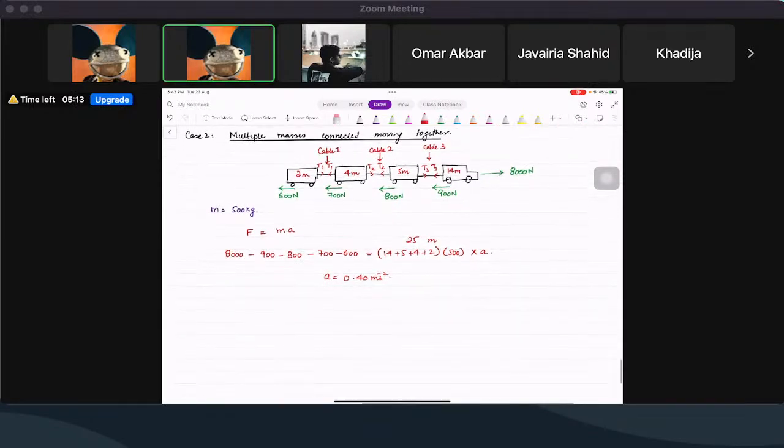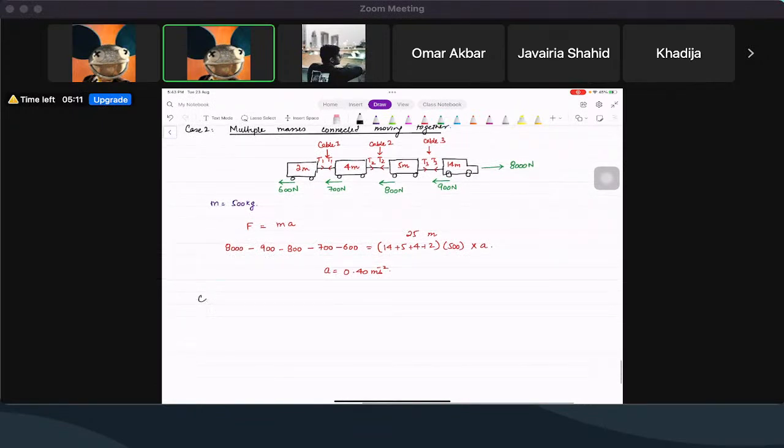So for cable 1, we're going to cut it right here. If I cut it, I'm going to redraw this. I can see it is 2m. There is T1 on this side and 600 newtons on this side, and then acceleration is the same as 0.40 meters per second square.